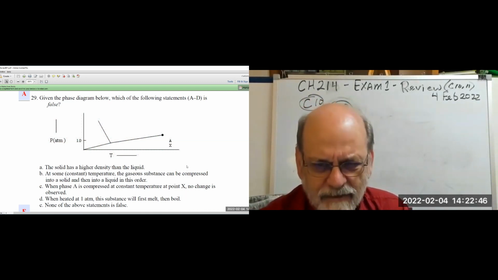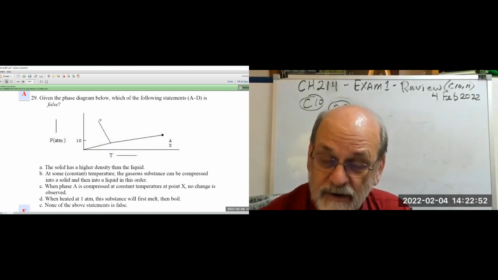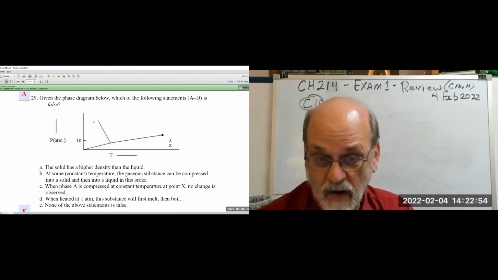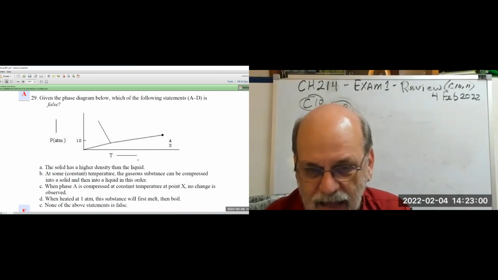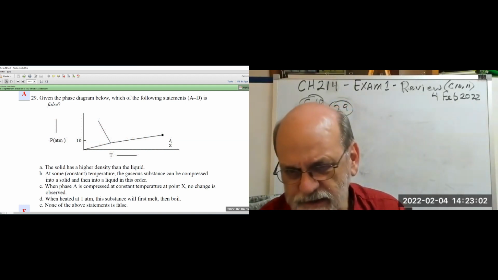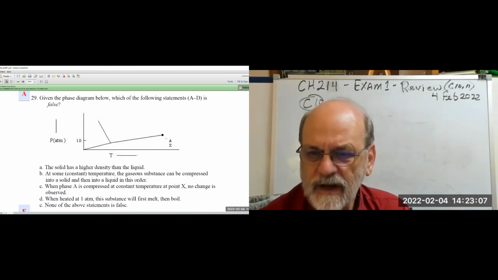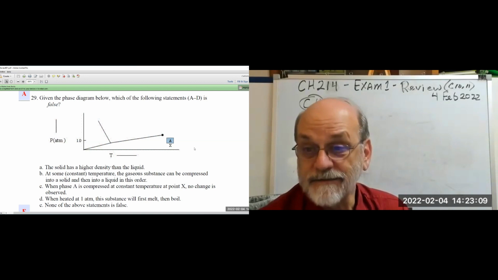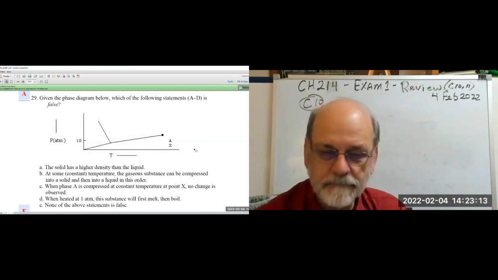All right, what do we have here? We got a negative slope on our solid to liquid phase line. And we got temperature, and then we got this over here identified as A. I think X is the position and A is the identifier for the data point, X.